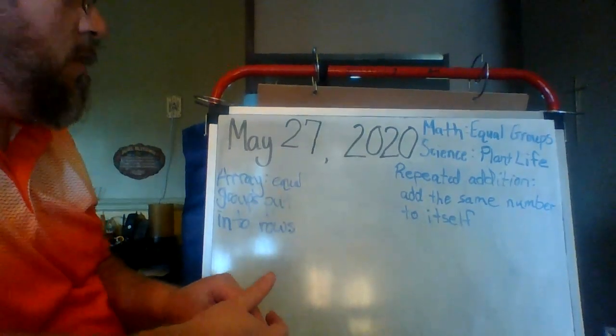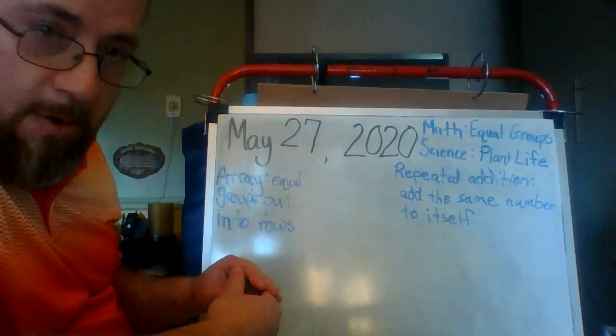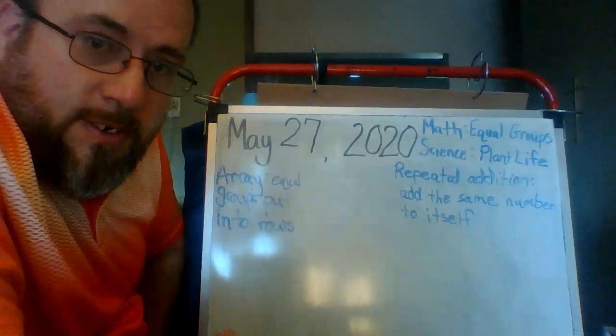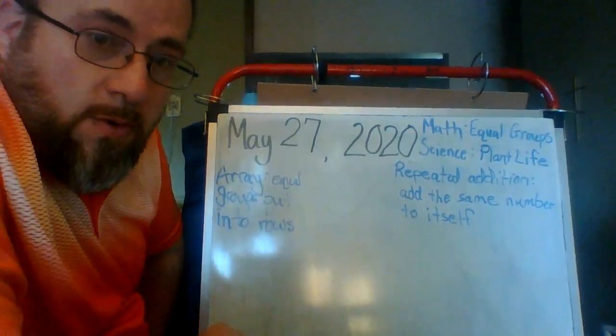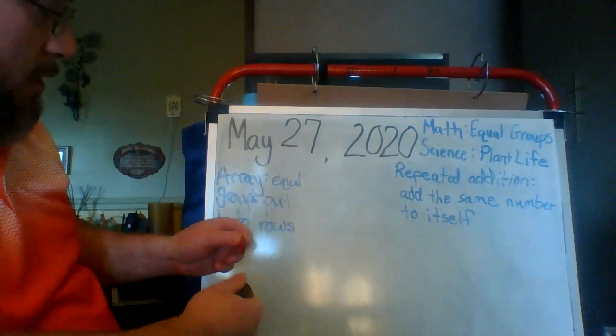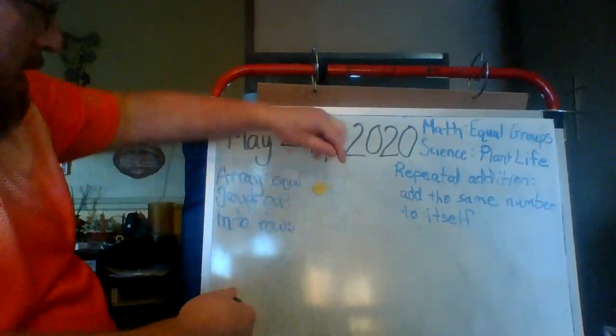And I'm going to make sure that you understand the difference between rows and columns and how to build an array based on whether the directions say rows or columns. So the first thing I just want to start with is to remind you what an array is.